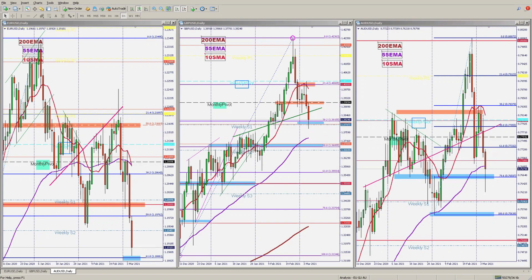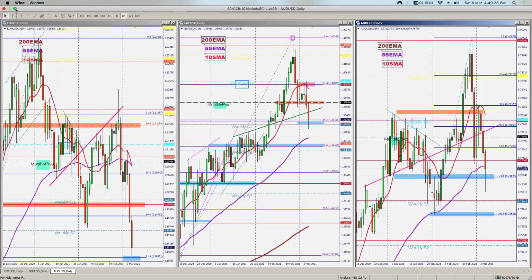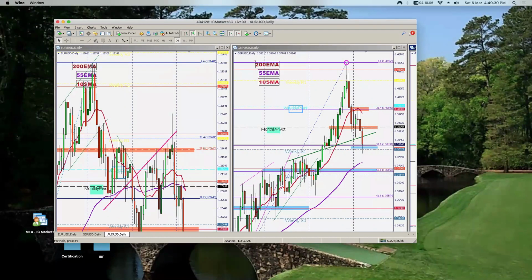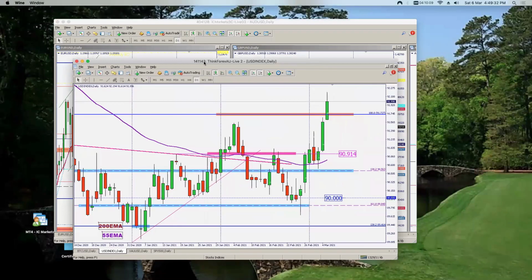And this is all due to the breakout higher of the US dollar index. So perhaps we can start with the DXY.